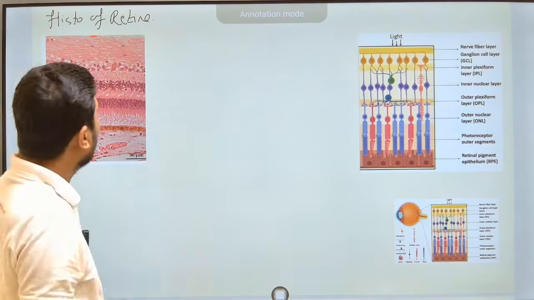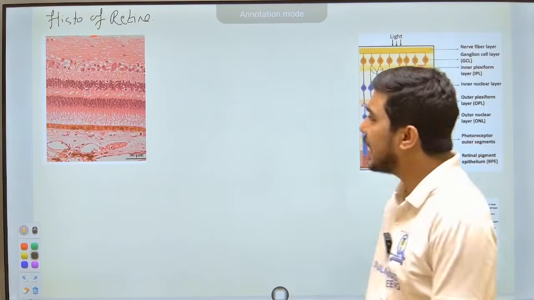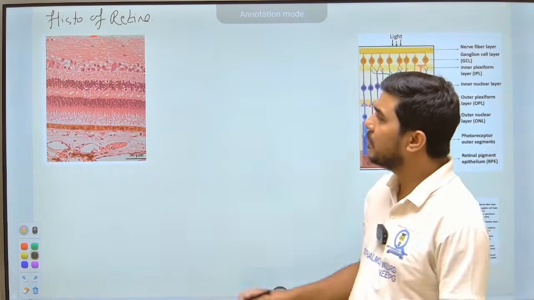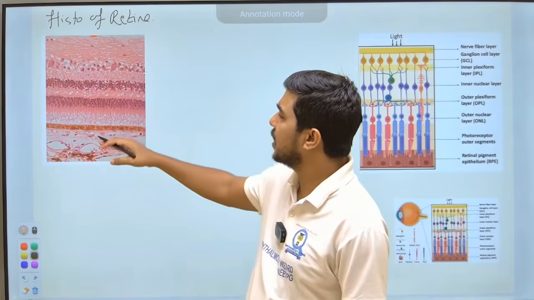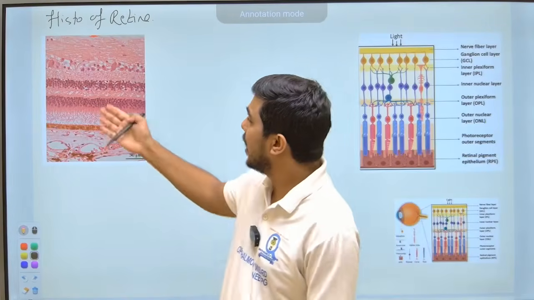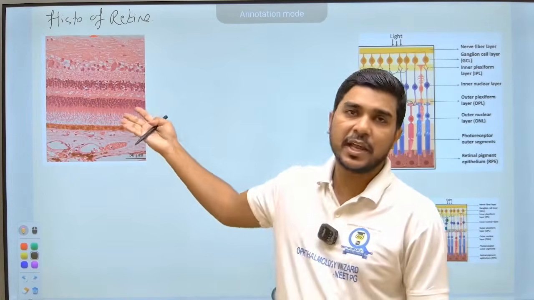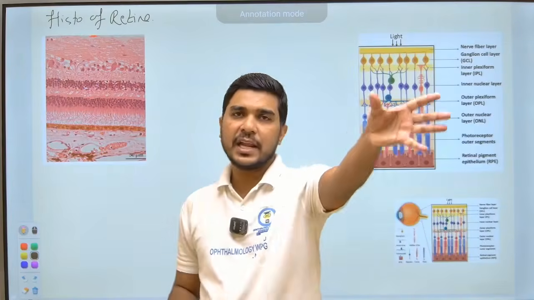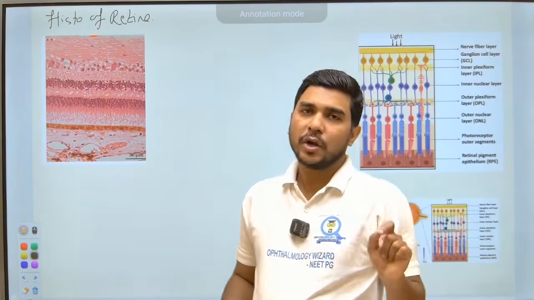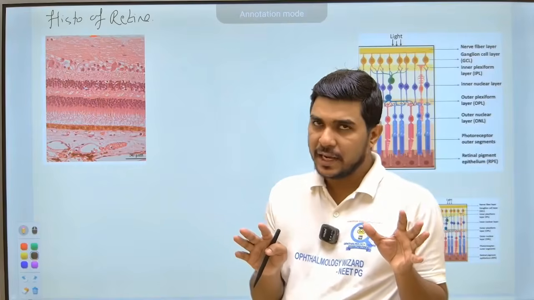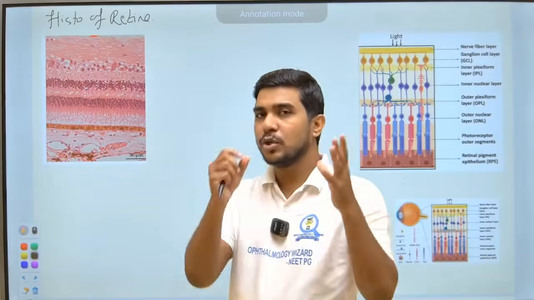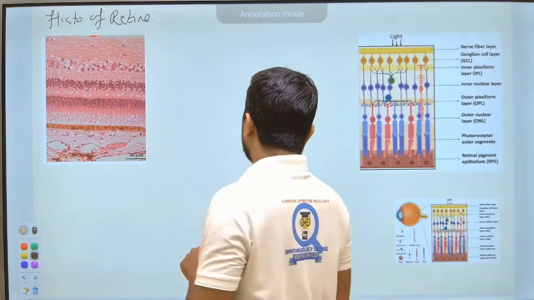They will show you this picture and mark A, B, C, D, and ask which layer this is. You know that there are 10 layers of the retina. What are those 10 layers? Let me tell you.